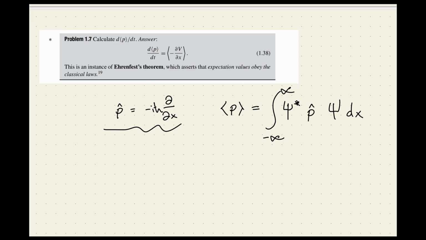This works with any operator. So we could put some random operator, let's call it capital O, acting on psi, and this integral over all space between psi star and psi with the operator sandwiched between them gives you the expectation value.